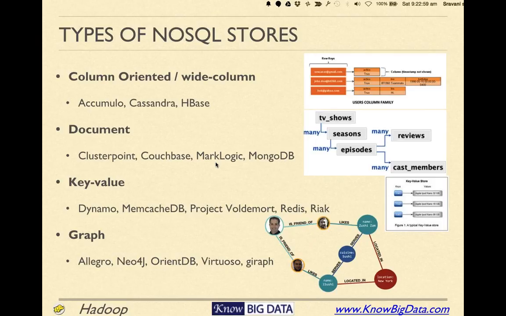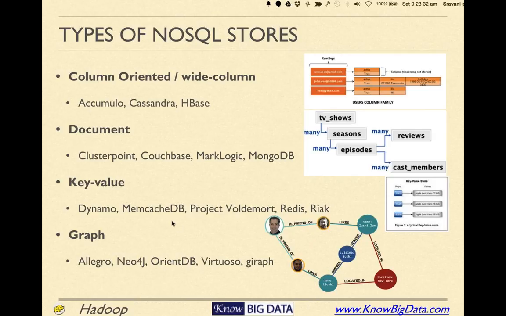Basically Dynamo was probably the first key value database, the first NoSQL database. So in a key value database, you have a key and a value. Earlier only plain text was supported for the value. Now both the key as well as the value can be binary in some of the databases.